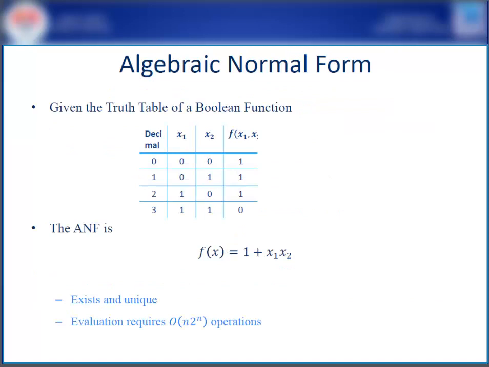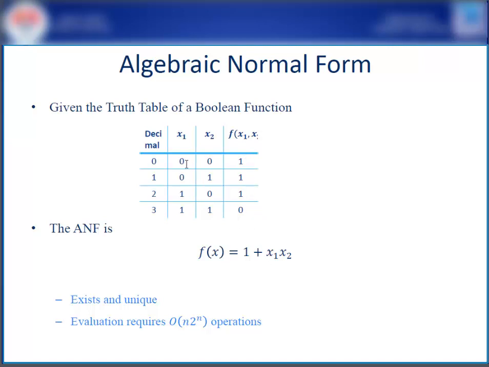For example, let the number of input variables be equal to 2. Suppose that the truth table for the Boolean function is given as 1, 1, 1, 0. Then its corresponding algebraic normal form is going to be 1 plus x1 multiplied by x2, because if we substitute each value of x1 and x2 into this formula, we are going to obtain this truth table of 1, 1, 1, 0.